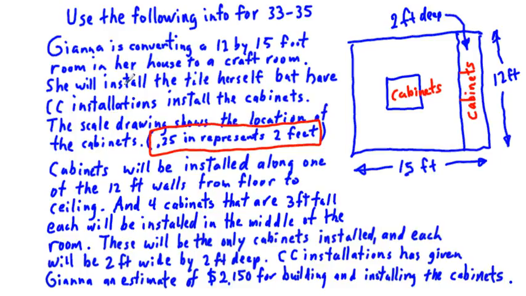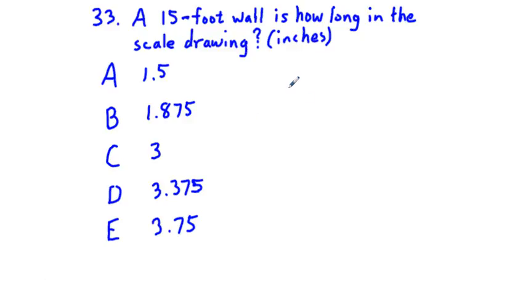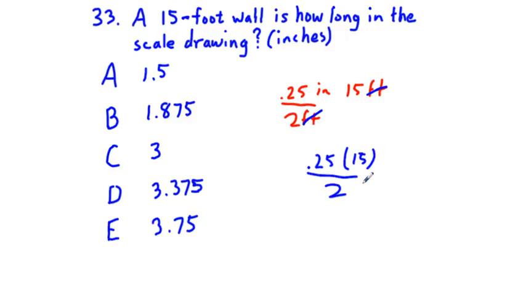You have 0.25 inches per 2 feet, and we're trying to find a 15-foot wall. So if we multiply by 15 feet, feet over feet cancel units. So you have 0.25 times 15 over 2, and you work that all out, you're going to get 1.875.